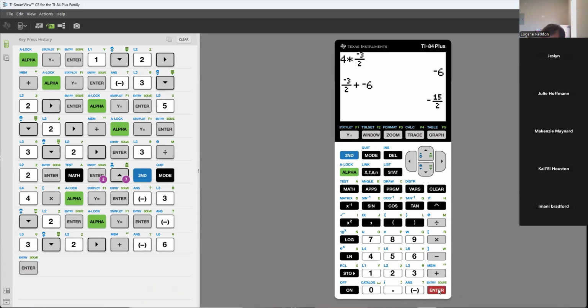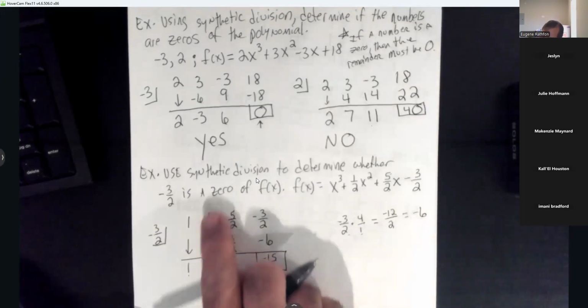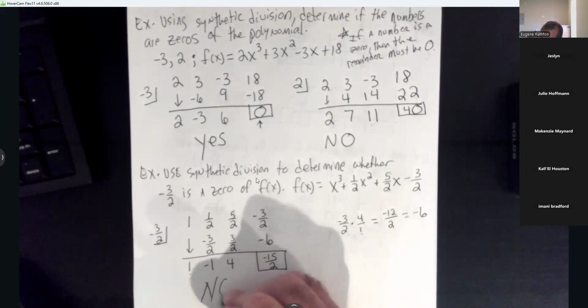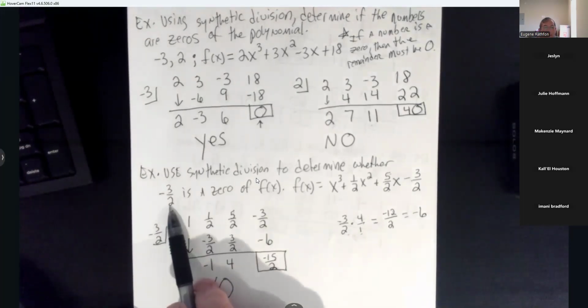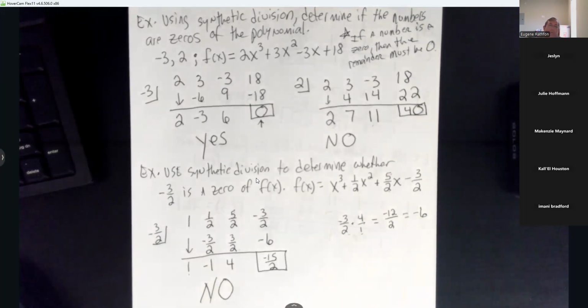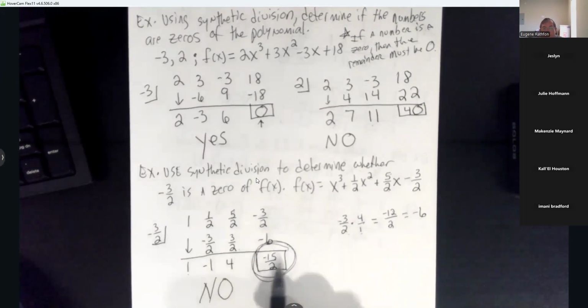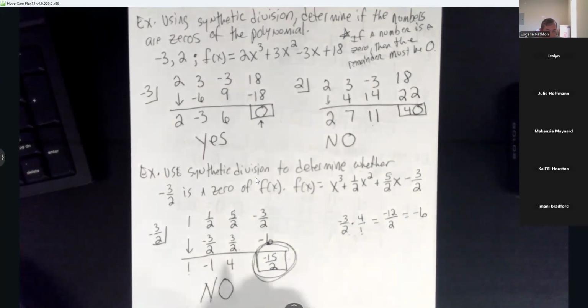That gives us a negative 15 halves. So since I did not get a 0 for that synthetic division, that means no, negative 3 halves is not a 0 of that polynomial. So remember, when you're using it to find zeros, you got to get a 0 for that remainder for that to be a yes, okay?